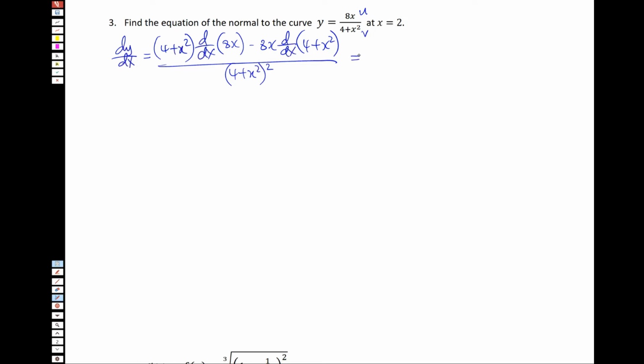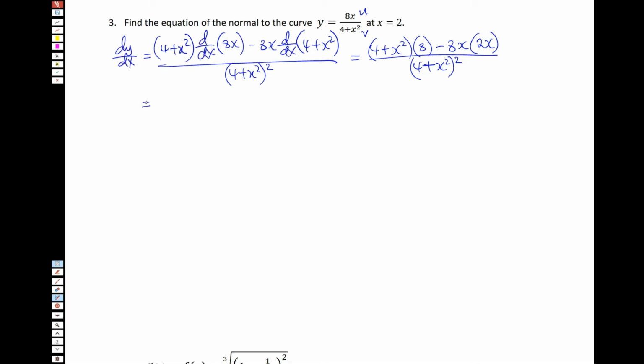This will be equal to 4 plus x squared multiplied by 8, minus 8x multiplied by the derivative of 4 plus x squared, but of course the derivative of 4 is 0, and x squared gives 2x, all this over 4 plus x squared squared.